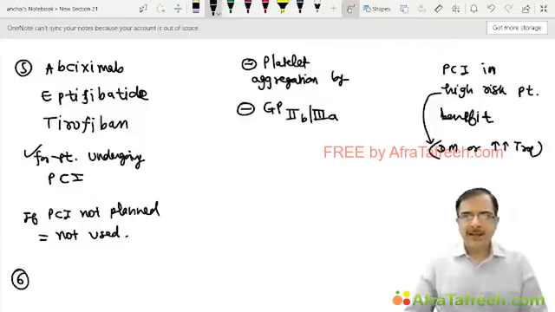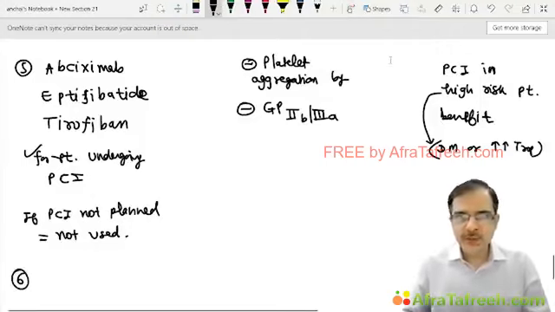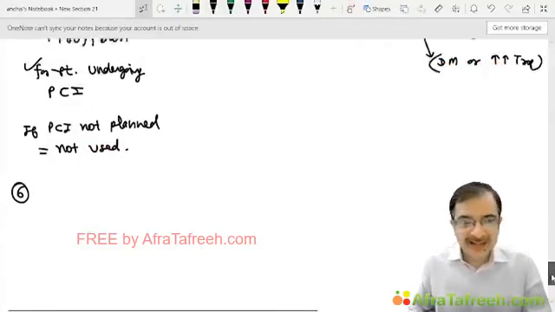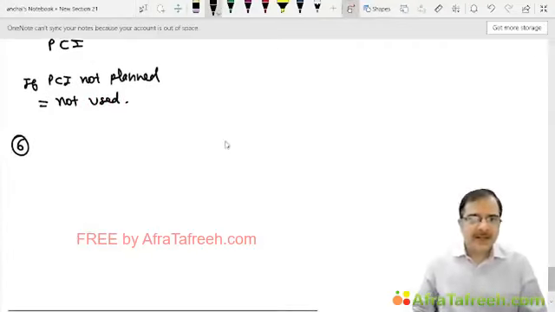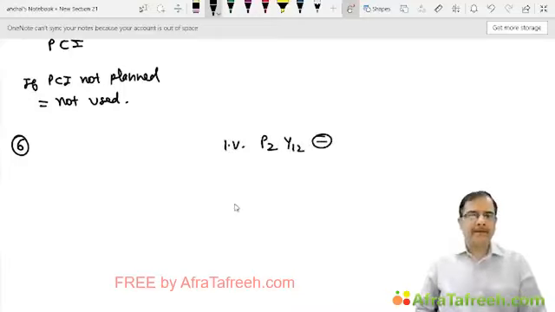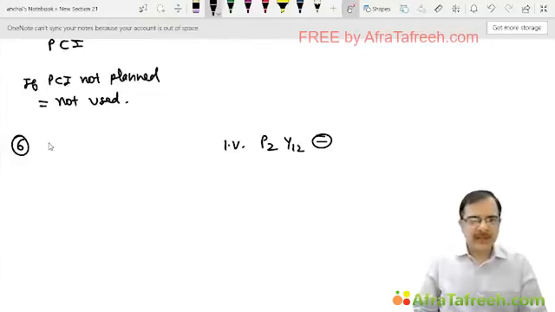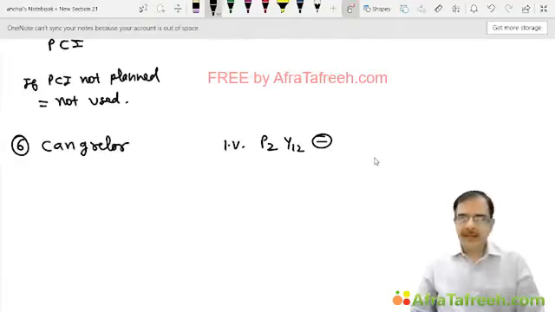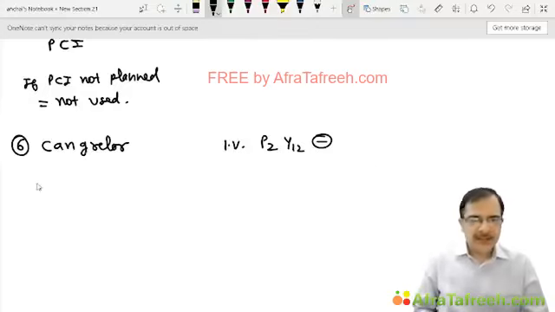Now number 6. This is a relatively new agent, an intravenous P2Y12 inhibitor. The name is Cangrelor.